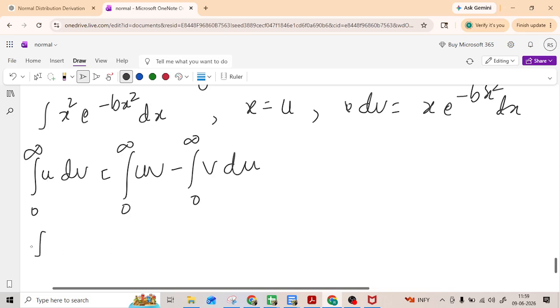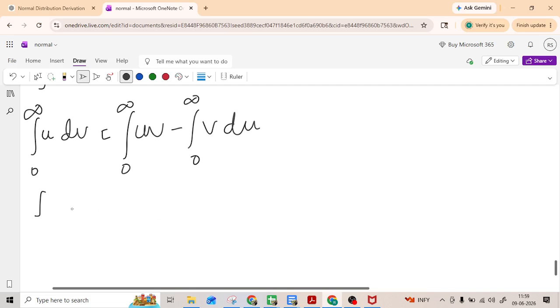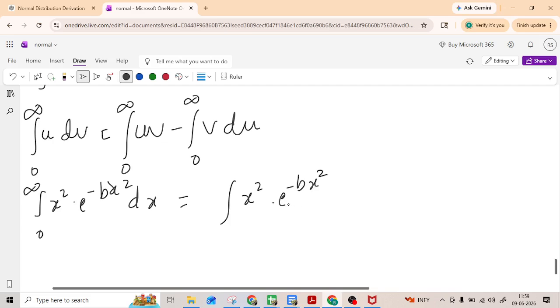The integral of x square into e raised to the power minus bx square dx from 0 to infinity is nothing but x square into e raised to the power minus bx square. There would be no dx over here because this already is something which would be uv, so we won't be integrating it, we'll just replace it with the actual values. So we'll write 0 and infinity over here.